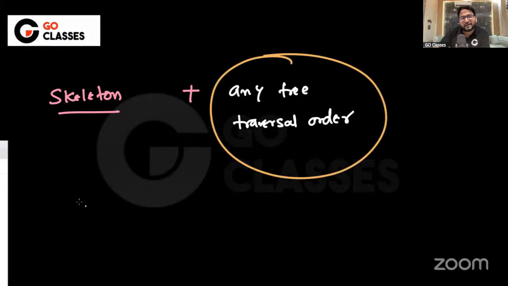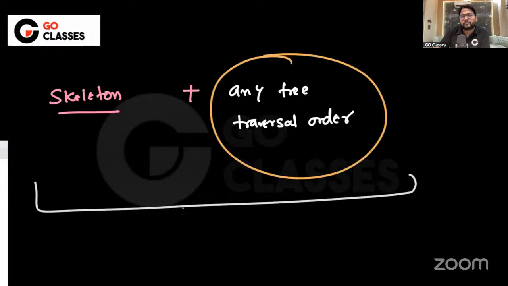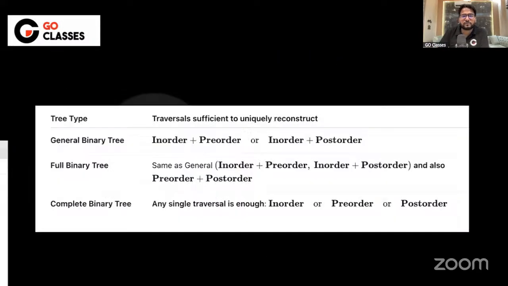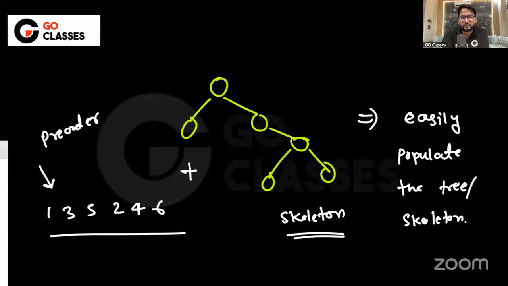Skeleton plus any tree traversal order will uniquely determine the tree. Yes, this is the first class in the series. Understood?